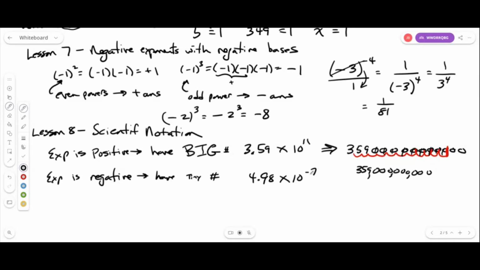Whereas if we have a negative exponent, this decimal point has to move to the left to make the number smaller. And so we would have a bunch of zeros.